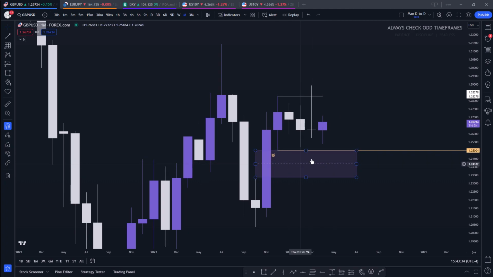So I don't know if they would actually leave this fair value gap as it is and continue higher without clearing this sell side. So this is my draw on liquidity and probably my main focus going into tomorrow.